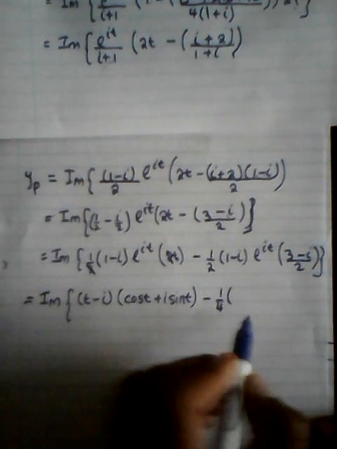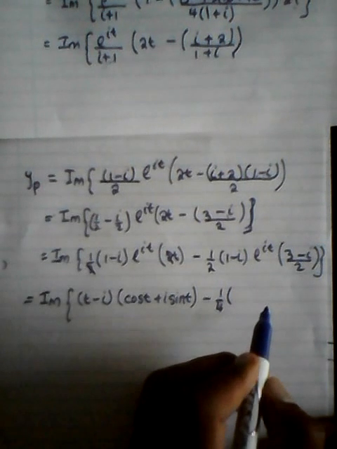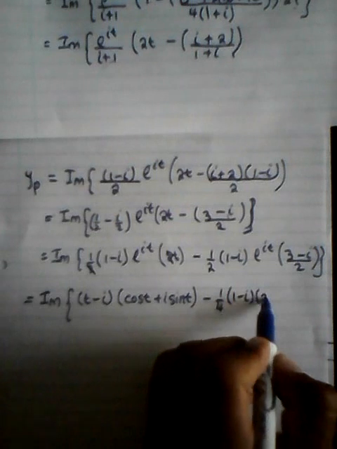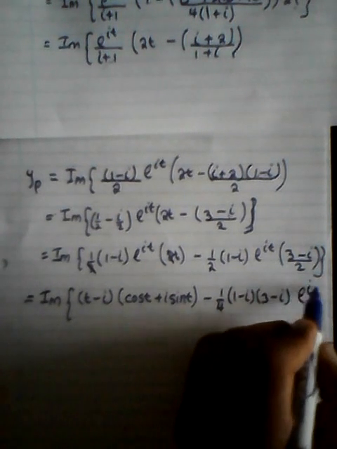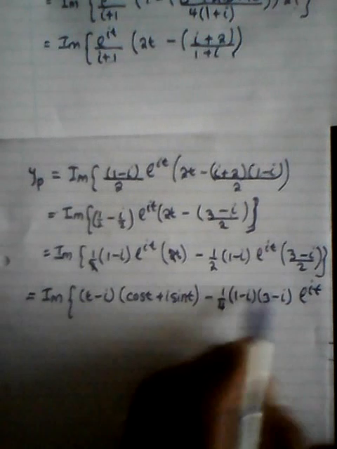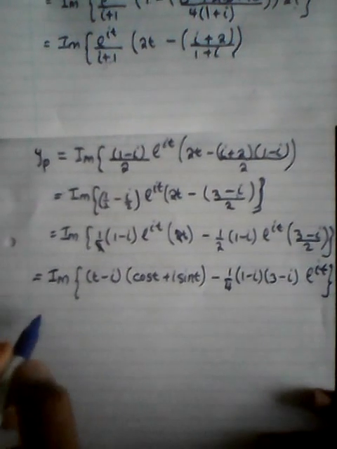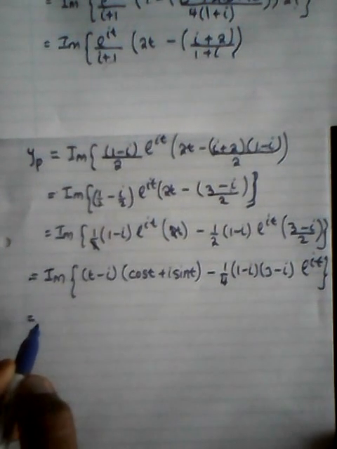Then we have to work out this bracket here, so we're going to have 1 minus i multiplied by 3 minus i. Okay, let me just write e to the power of it so that I can work out this bracket multiplication in the next step.